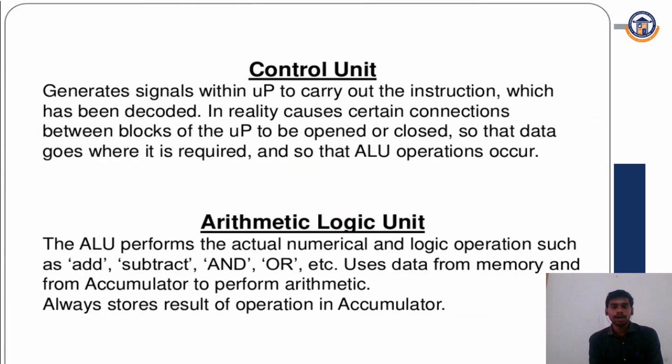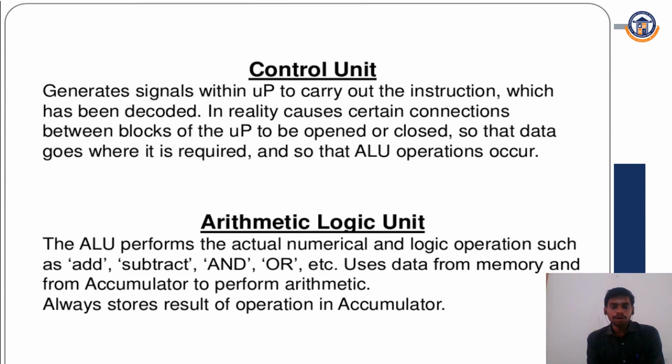First, we see about the control unit. It generates signals within the microprocessor to carry out the instruction which has been decoded. In reality it causes certain connections between blocks of the microprocessor to be opened or closed so that the data goes where it is required, and so that ALU operations occur. ALU means arithmetic logic unit.